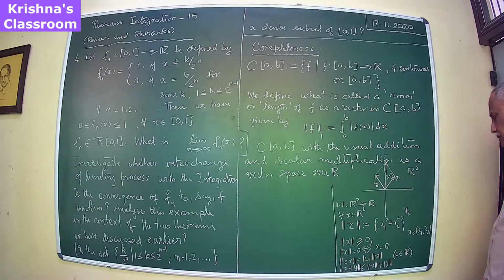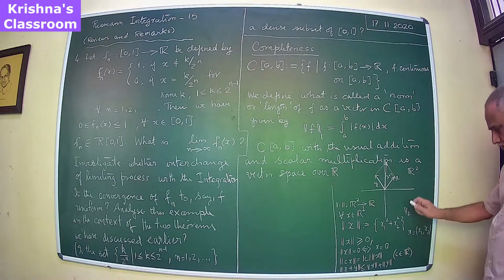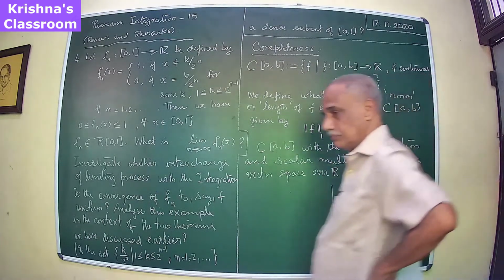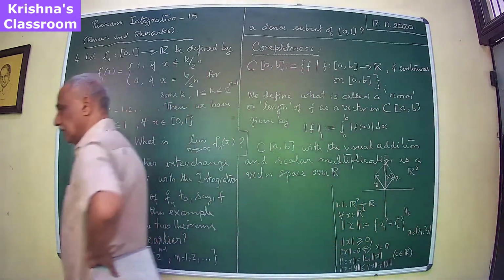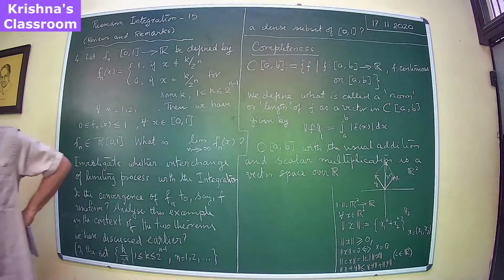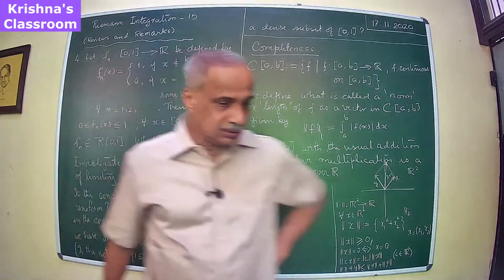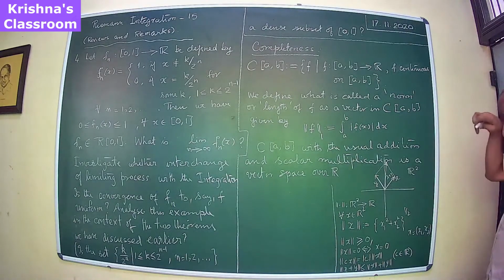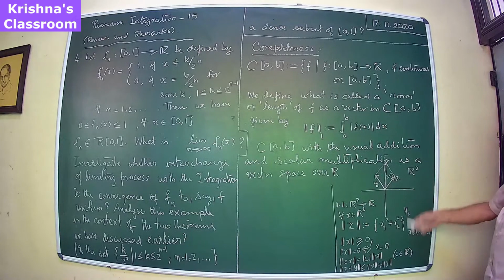And these are the properties of the length function that you have. But there are other ways of introducing length functions, and I don't want to digress this talk into a discussion on norms. But this is the usual length that you are familiar with.